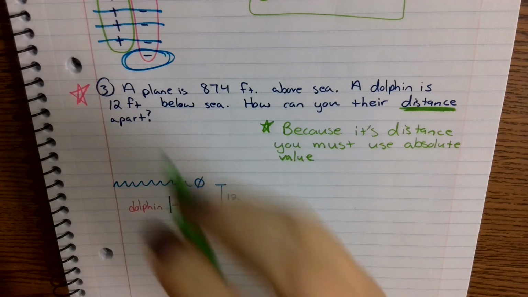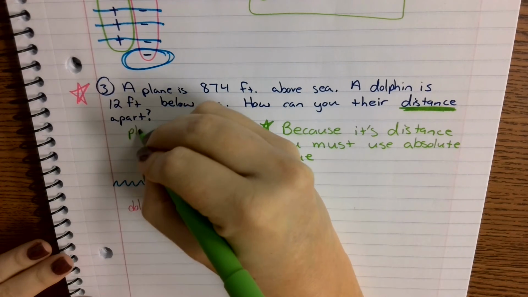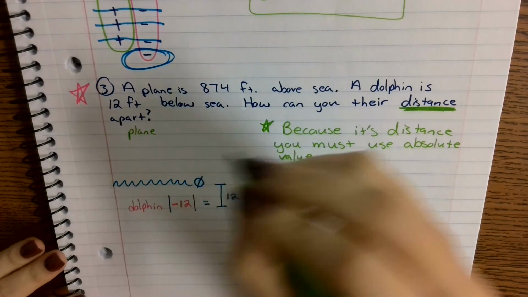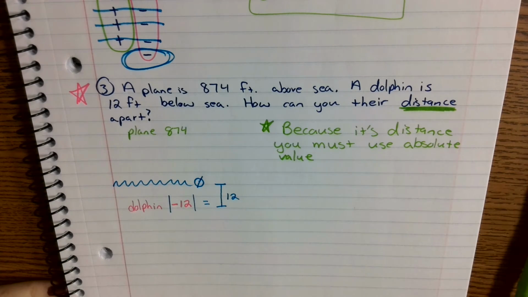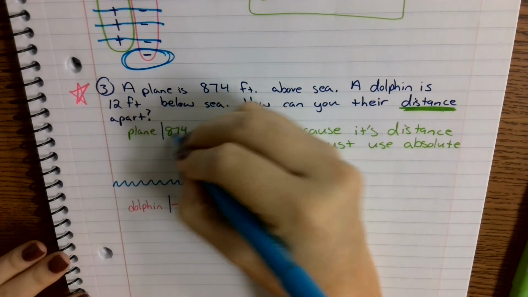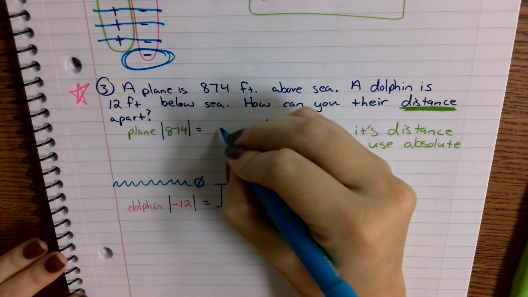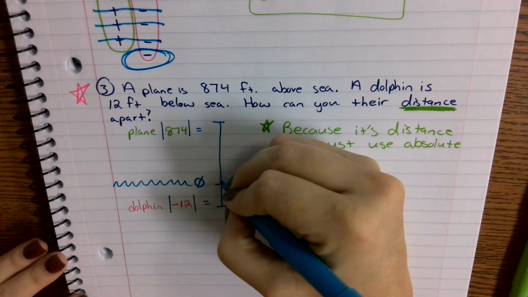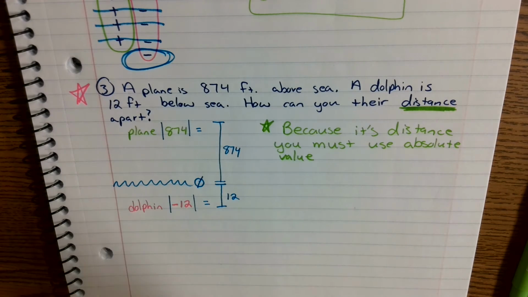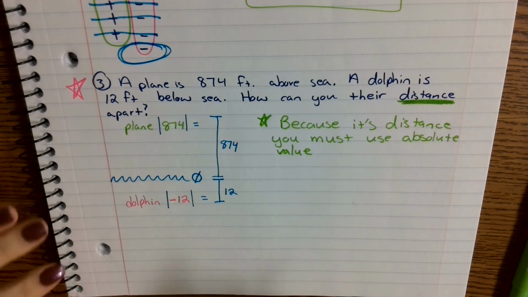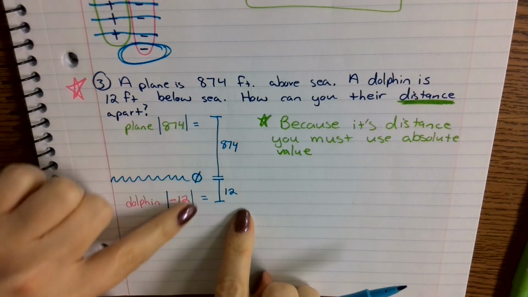Then the plane is at 874 feet. So if I take the absolute value of 874 feet, that tells me that the plane is 874 feet above the water. So now I want to know how far apart are they.